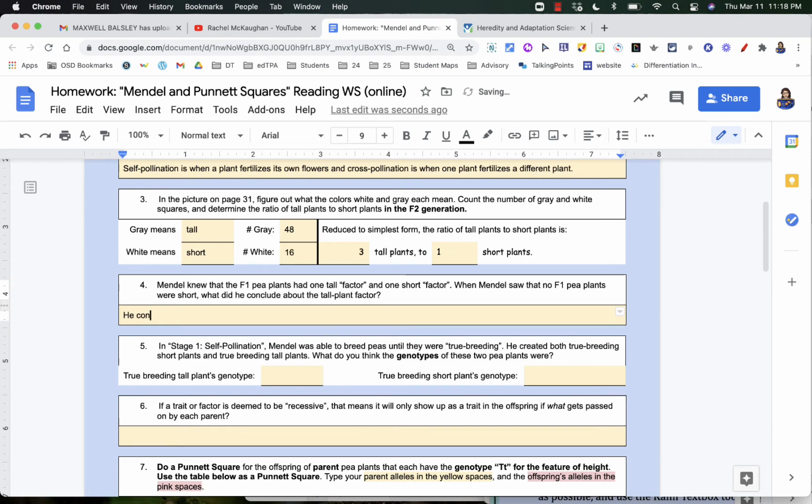He concluded the tall plant factor was dominant because when a plant had one of each factor, gene coding for tall and gene coding for short, only the tall trait showed.